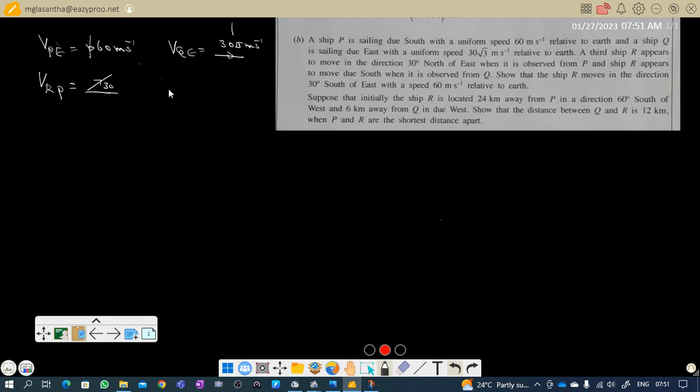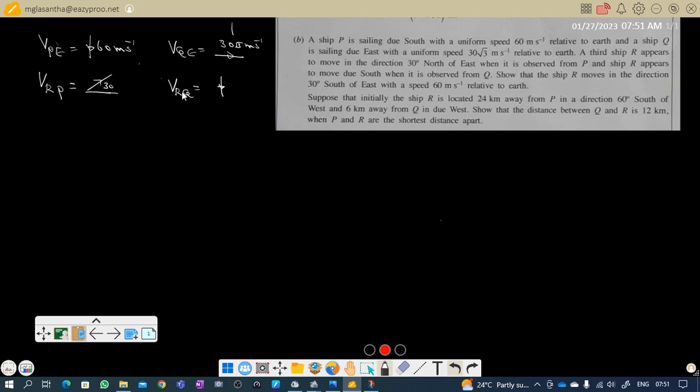The velocity of R relative to Q is also given. VRQ: it moves due south.